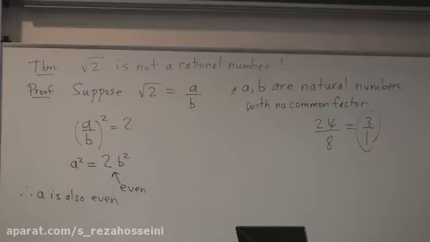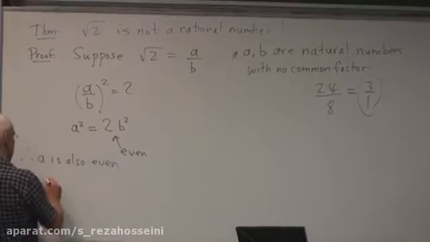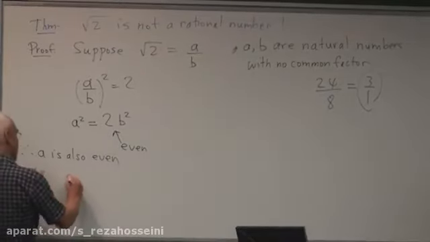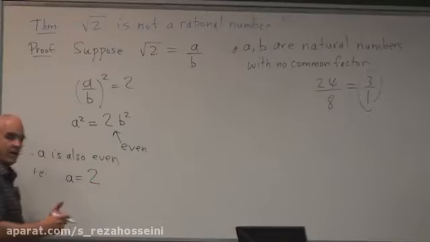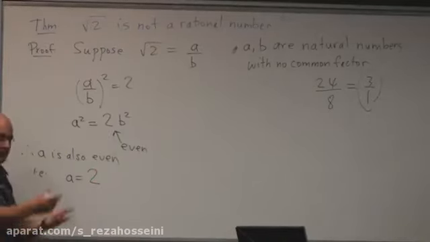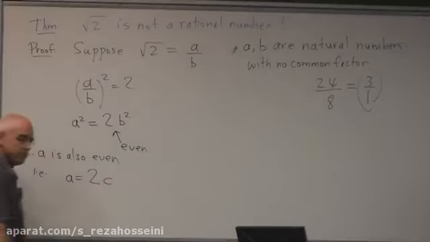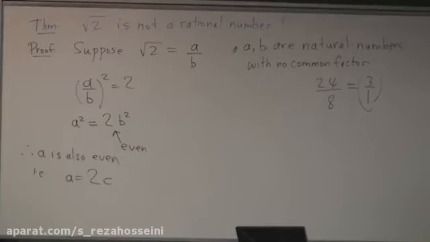What does it mean to be even? It means that a can be written as 2 times another natural number. Let's say c. Every even number is 2 times another number, like 14 is 2 times 7, 22 is 2 times 11.